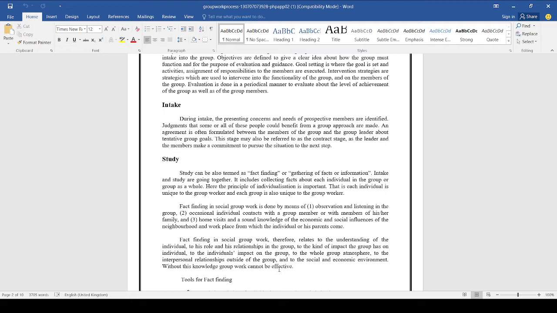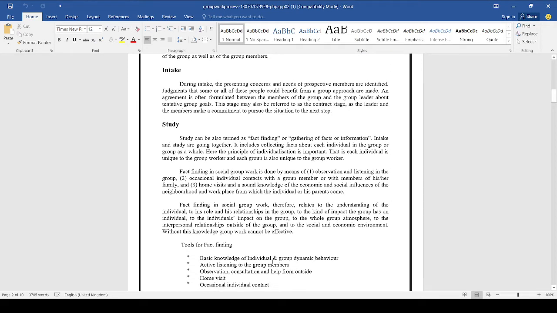Family visits are very helpful for knowing the economic and social influences of the neighborhood and workplace. That means the relationship between the family members and the group member. Also we can use various methods to collect the information about each individual.